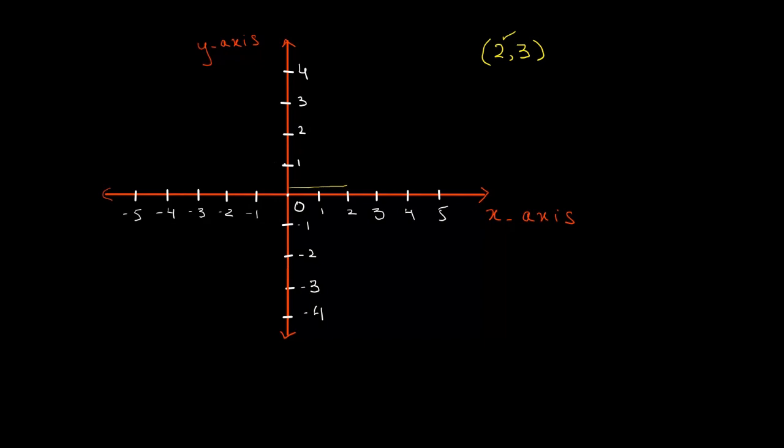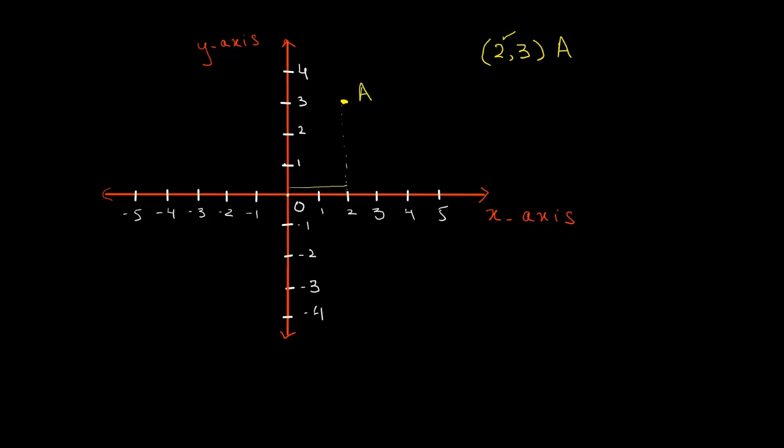Then I have to walk 3 units away from the x-axis, in the upwards direction because it's a +3. I get to this point. So this is the point A, which is 2, 3.